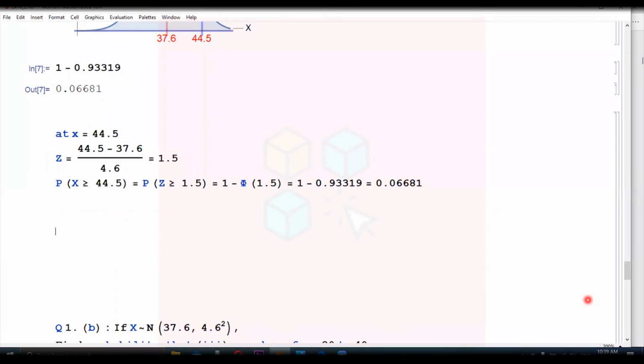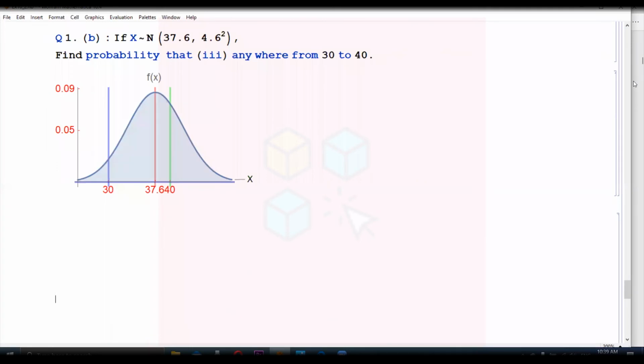Okay, now the third part, 1b, c. If x is normally distributed with this mean and the same standard deviation, find the probability that x is anywhere from 30 to 40. So we plot 30 and 40 on the figure. In the figure, 40 is more than the mean, 37.6, it's greater.